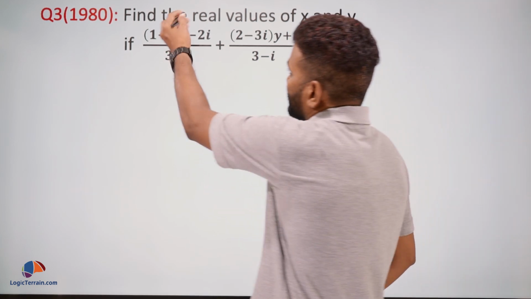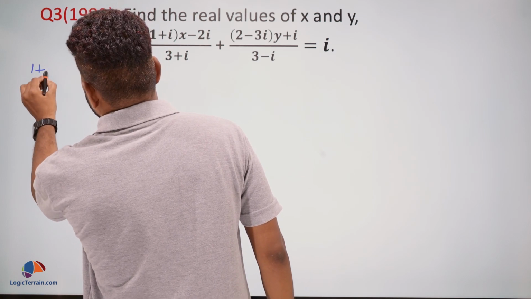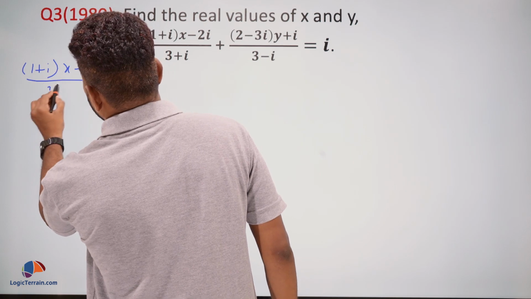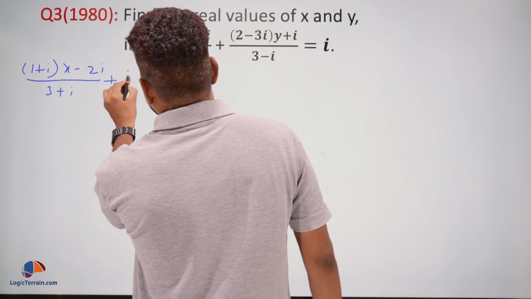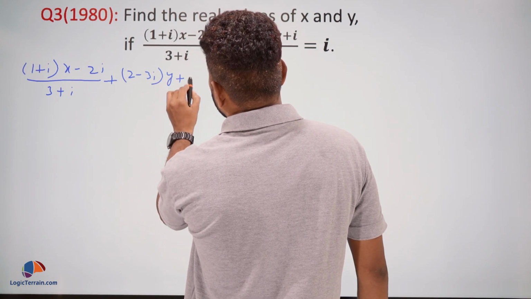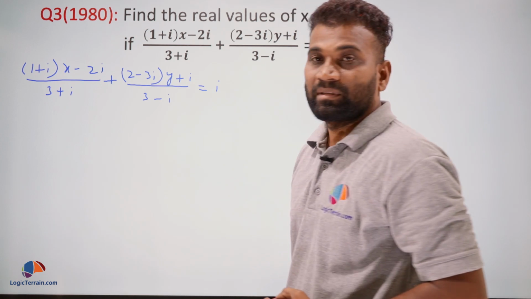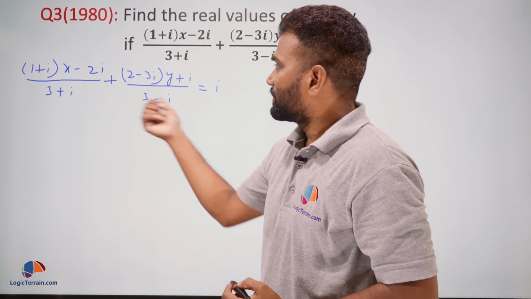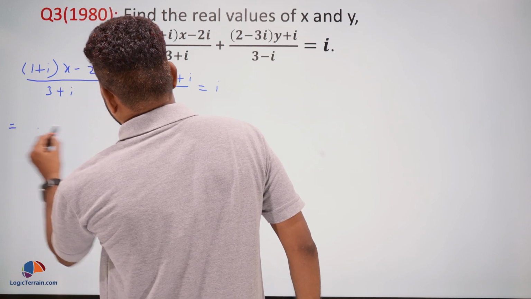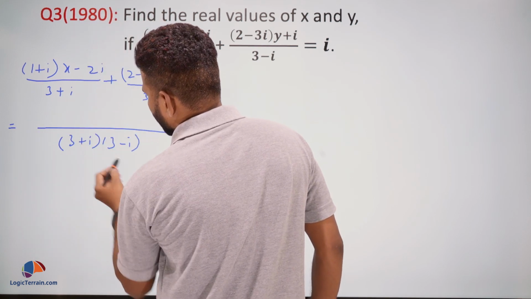So for that we'll take the given equation, that is (1 + i)(x − 2i)/(3 + i) + (2 − 3i)(y + i)/(3 − i) is equal to i. So for further we have to take LCM, that is (3 + i)(3 − i).